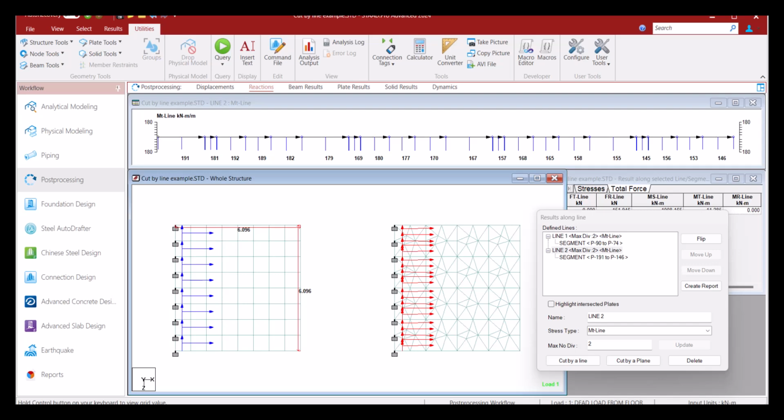You might be wondering that in STAAD there is a feature by which you can dissect a finite element meshed plate and you can plot the forces or the stress diagram along that direction. If you're not aware of it, let me first show you.